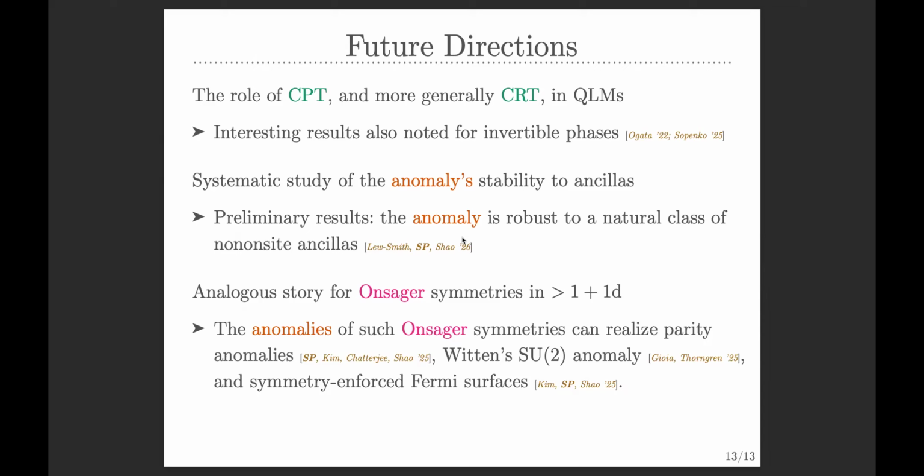For example, one thing you can show is that for the Onsager symmetry generated by Q0, Q1 with the CPT generated by pi, you could stack it with something that is Q0 minus Q1 and pi, and the stacked system will be anomaly-free. So this is like the inverse of this. And that's expected because that's also how it works in the continuum. So it still has a fact like that.